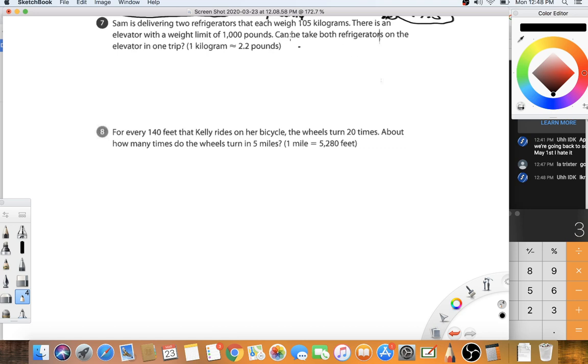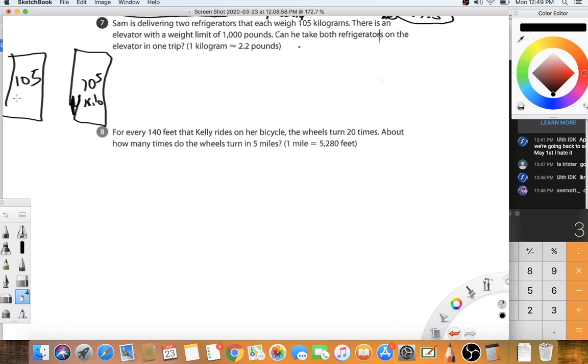So he's trying to carry 2 refrigerators. I erase this afterwards. So he's trying to carry 2 refrigerators that each weigh 105 kilograms. And the other one weighs the same thing, 105 kilograms. So before we even solve this, let's add this real quick so we know how much this person's trying to carry up.